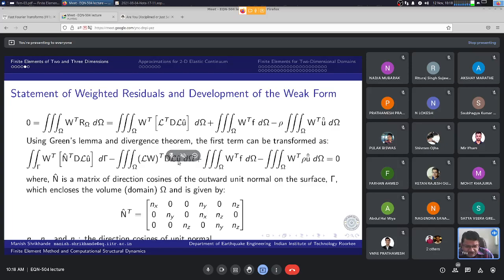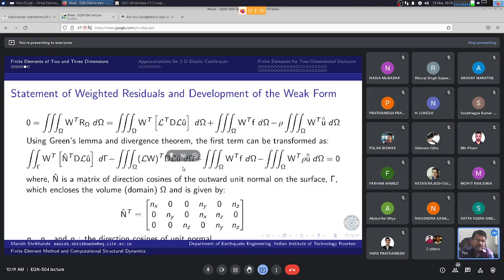We have the approximation for u, and for finite element modeling, we can actually go ahead and develop these entire equations element by element, and we have the variation with respect to x, y, z for the displacements.